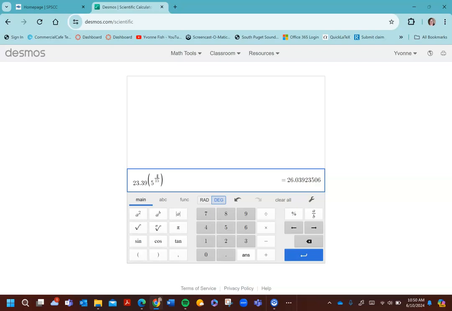But using my properties for exponents, I can just put in the 80 there.